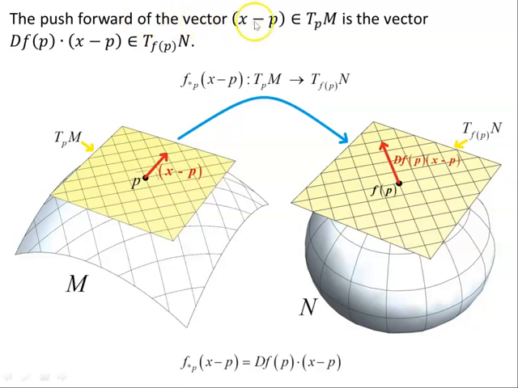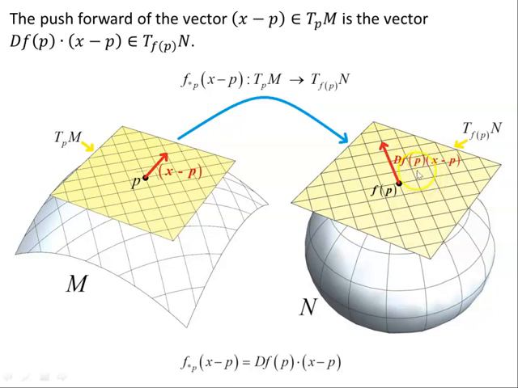So the push forward of the vector x minus p, which belongs to the tangent space of the manifold M at the point P, is the vector d f of p dot x minus p, which belongs to the tangent space to N at the point f of p. Remember, we've got point P here, we've got this vector x minus p, and we want to push it forward to this tangent space.